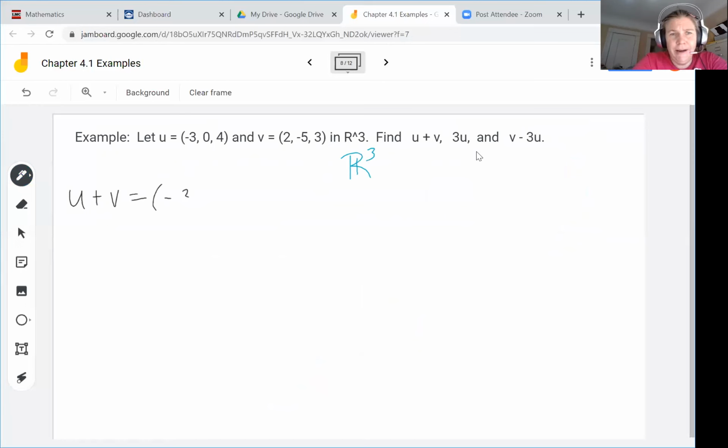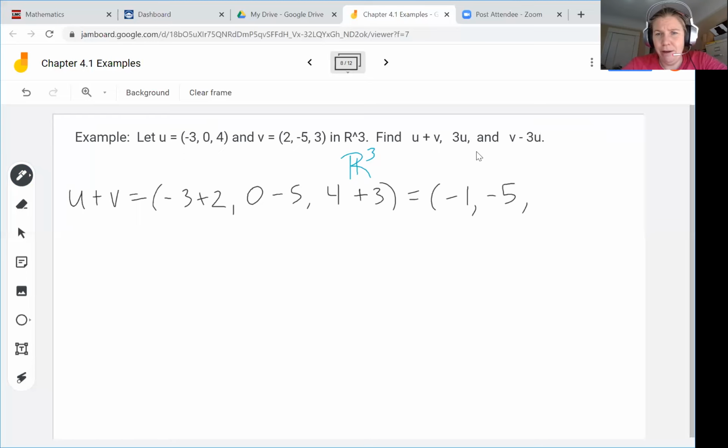So that'll be -3 plus 2 in the first component, 0 minus 5 in the second component, and 4 plus 3 in the third component. There's nothing special about these vectors. I just made them up with numbers I liked. So my first component for u plus v is going to be a -1. My second component is going to be a -5. And my third component is a 7.